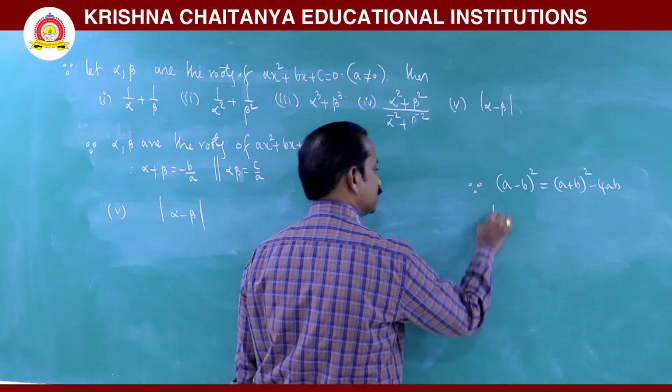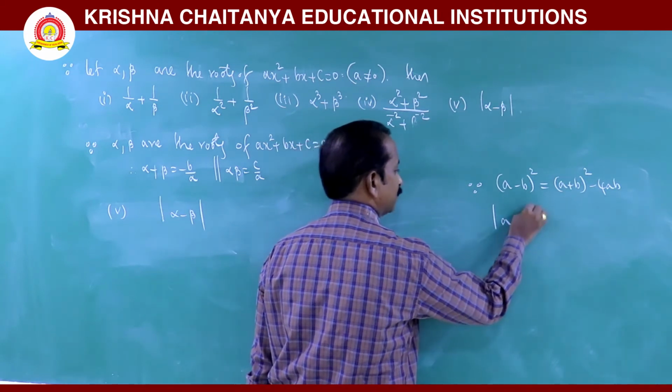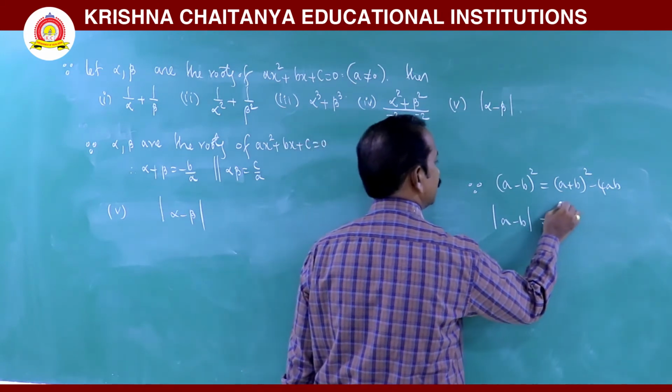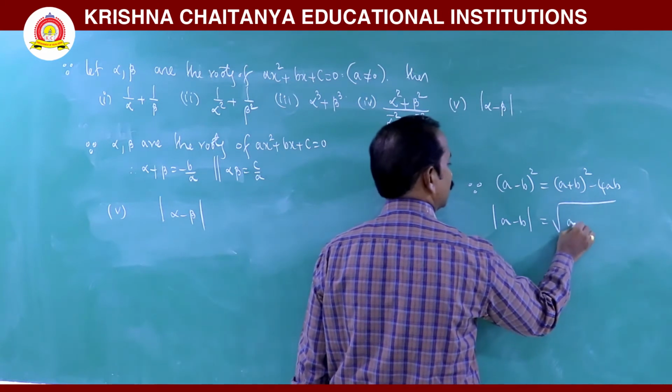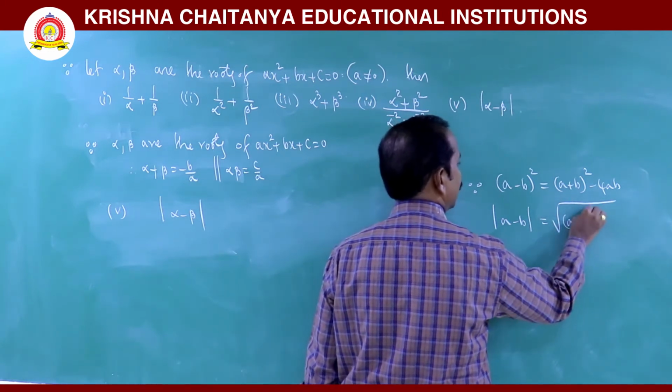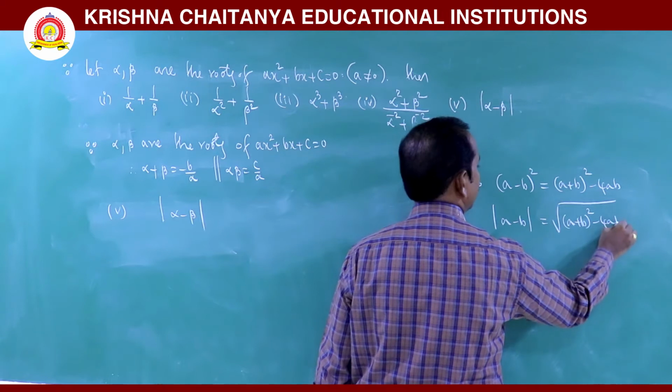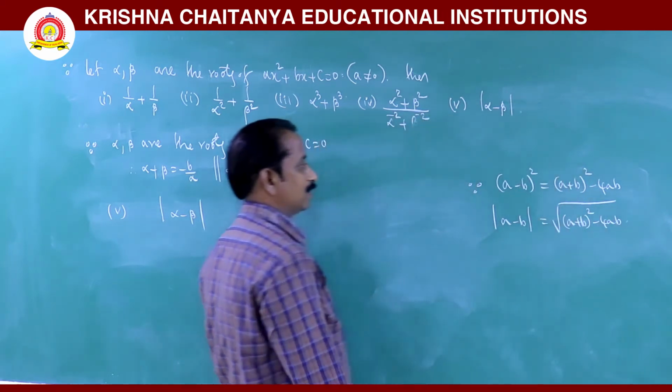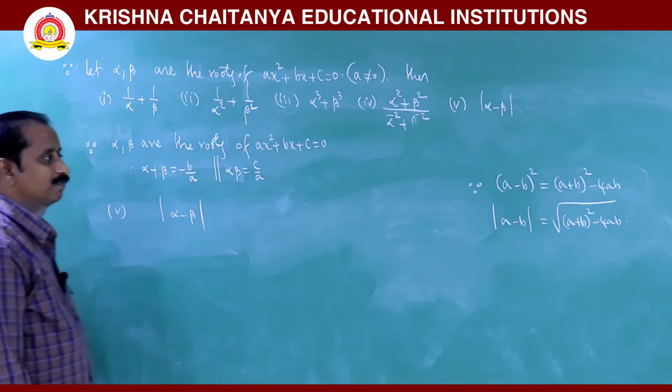I can write from this one, modulus of a minus b is nothing but square root of a plus b whole square minus 4ab.